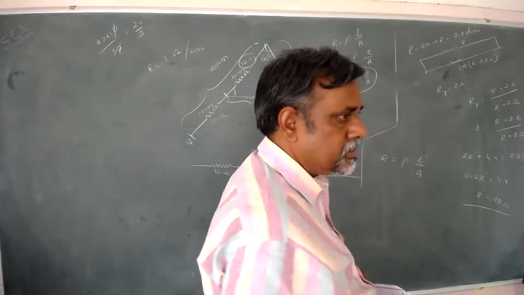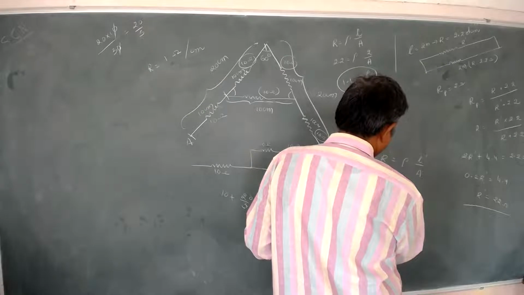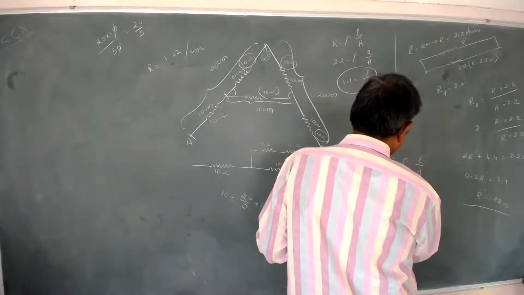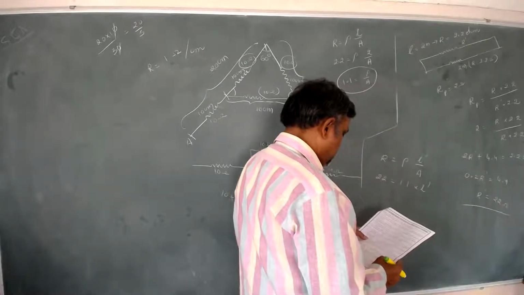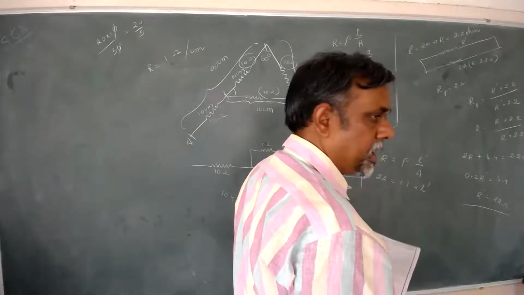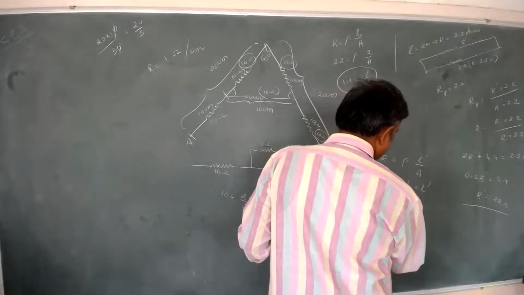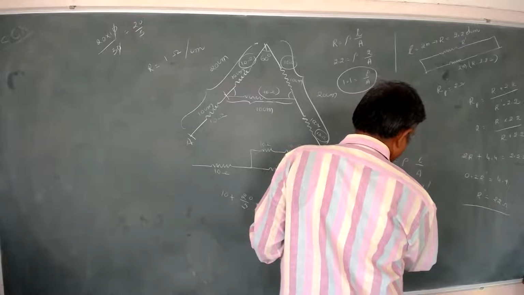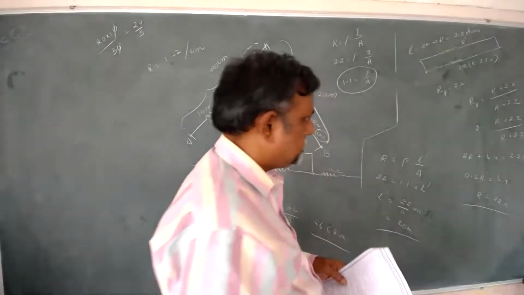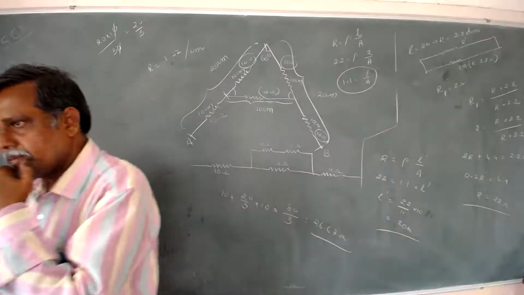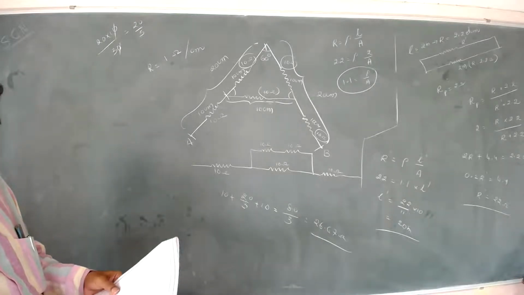So R dash is rho by A, 1.1 into L dash. So L dash is 22 by 1.1, which is 20 meter.